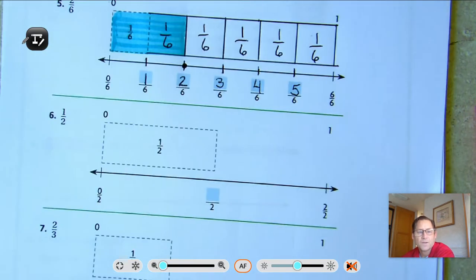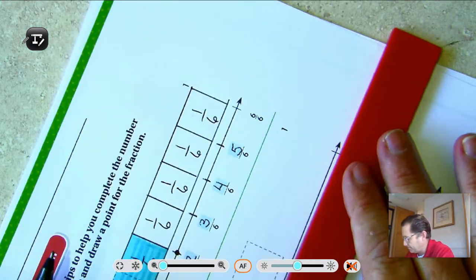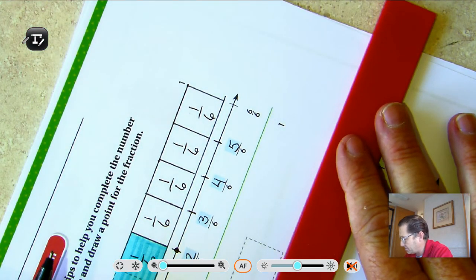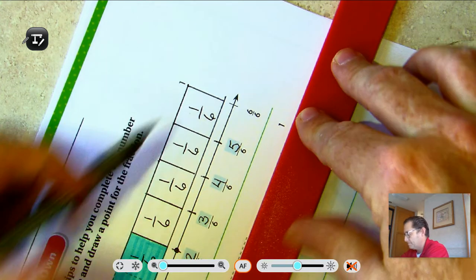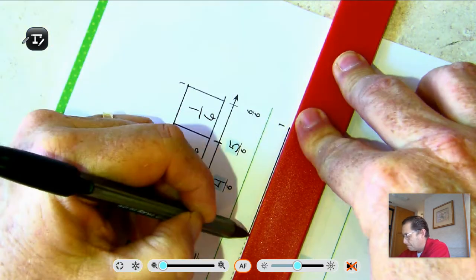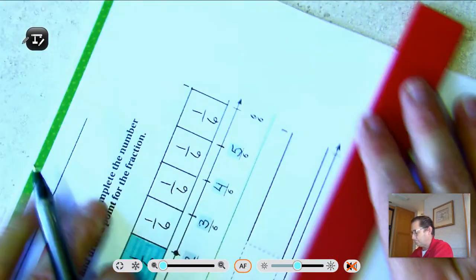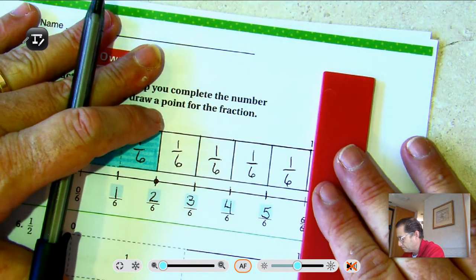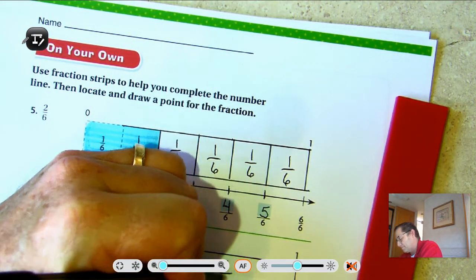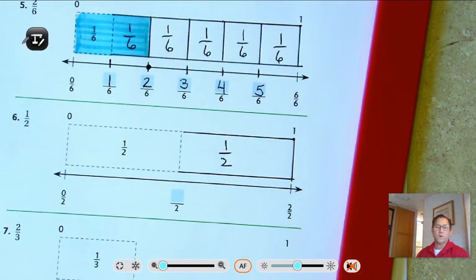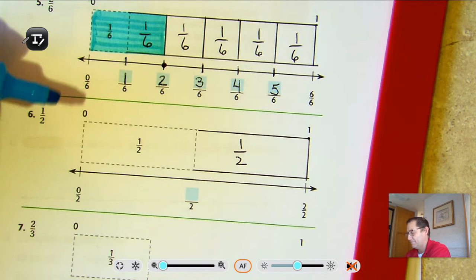Okay. All right, 1/2. Okay, well, let's draw in the fraction strips. Okay, that part we drew is 1/2. Okay, and it wants us to find 1/2.